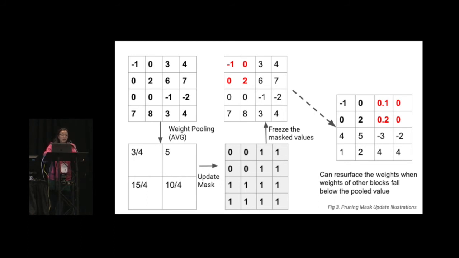After we find the weight pruning, the red block is being frozen, and so it's not participating in backward or forward propagation. However, later when you have another red block on the extreme right, another red block that falls below this average pooling value, we resurface the block from the previous values. This has been extremely helpful in maintaining model accuracy in the midst of pruning.